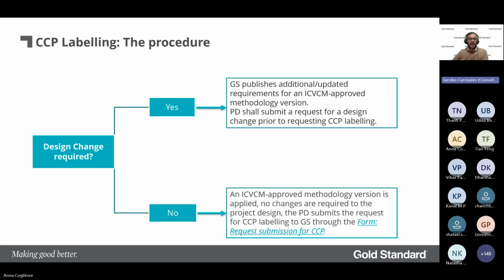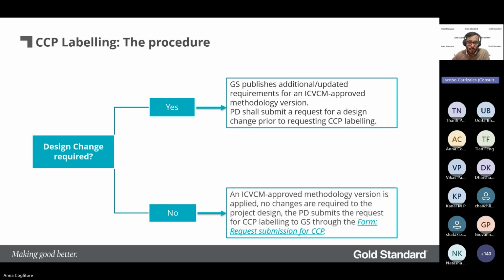Thanks. But how does this happen? What's the procedure for projects interested in having the CCP labeling, and what's the role of the VVBs, which is the main focus of this session? I guess the first question we need to ask ourselves as a project, and then as a VVB as well, is: is a design change required?